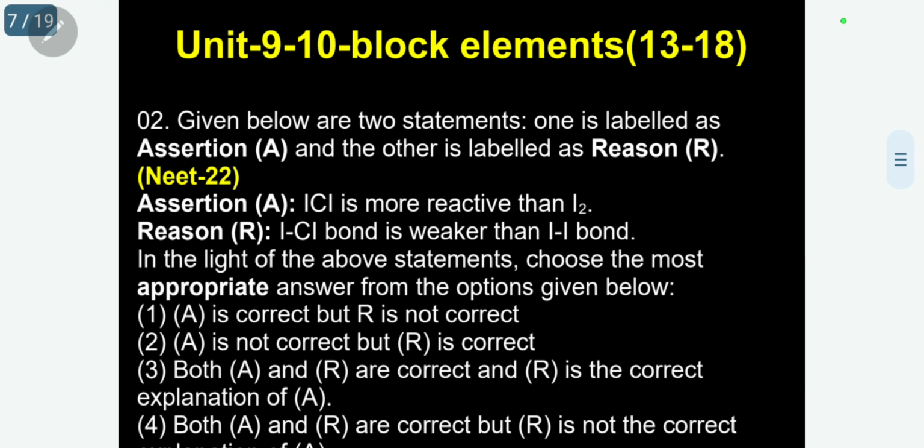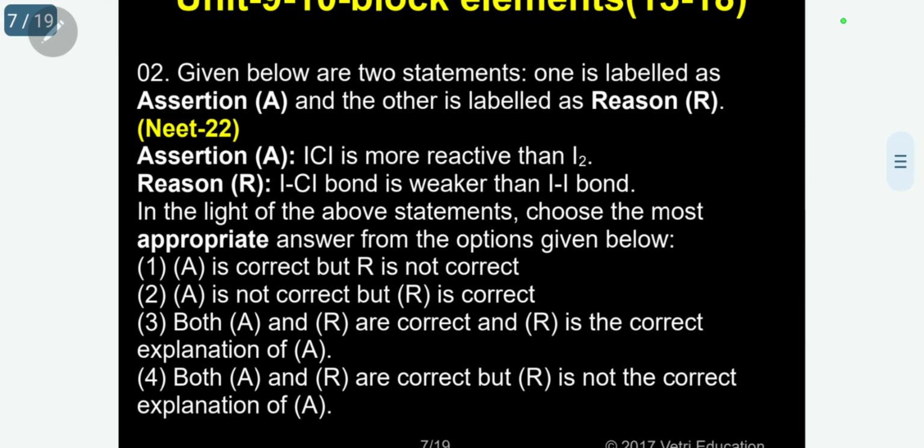So the assertion: ICl is more reactive than iodine. Reason R: ICl bond is weaker than I-I bond. In the light of the above statements, choose the most appropriate answer from the options given below. Kindly follow.